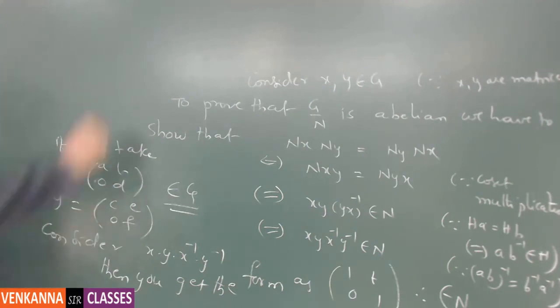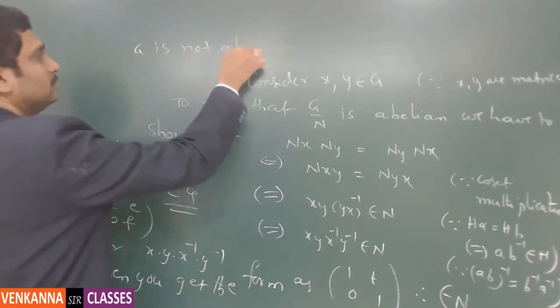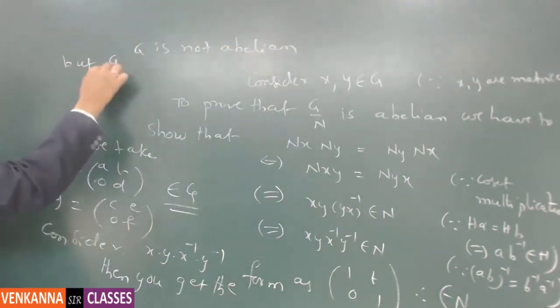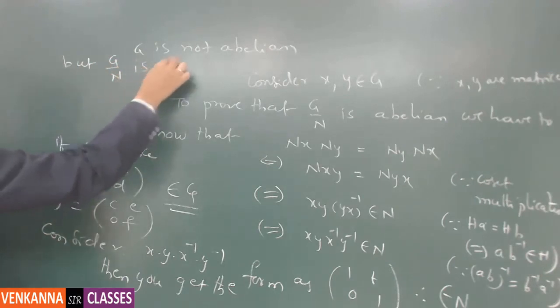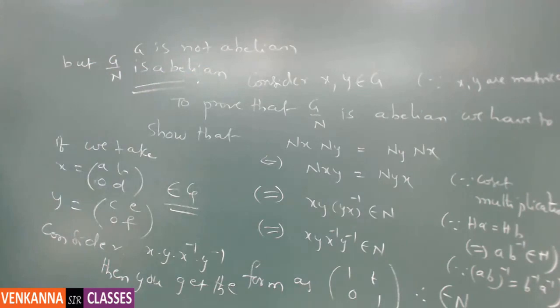So in this example, G is not abelian, but G by N is abelian. This is the example, right? You please take a note of this part, which will be interesting.